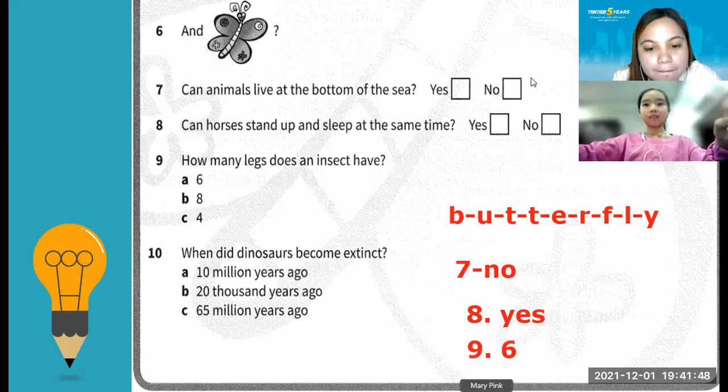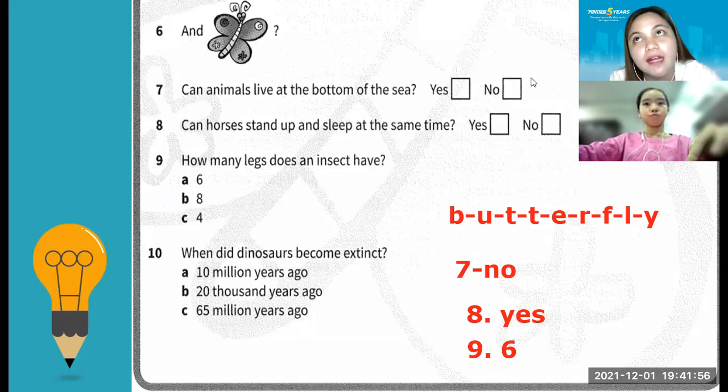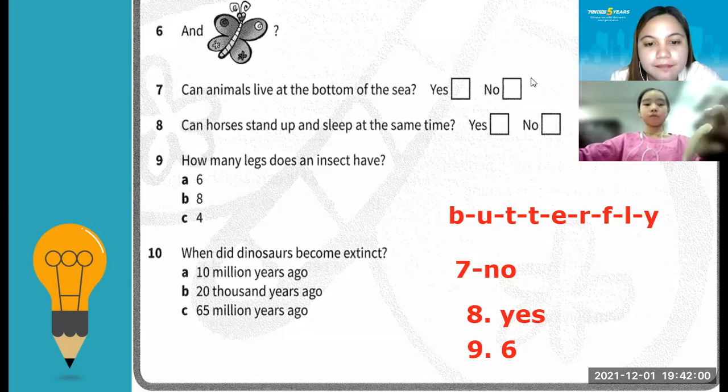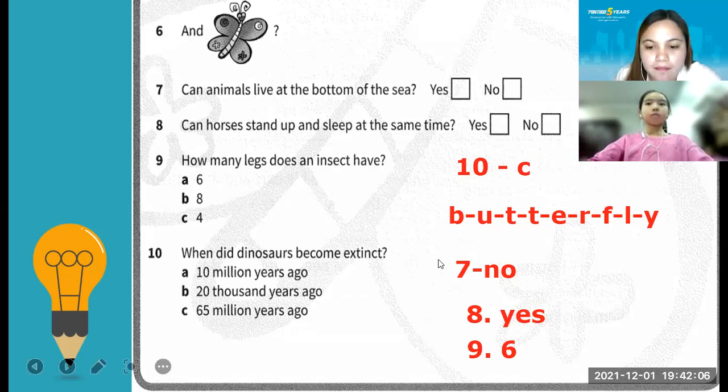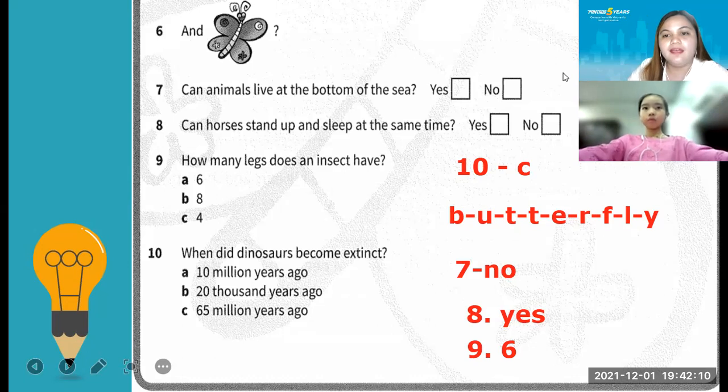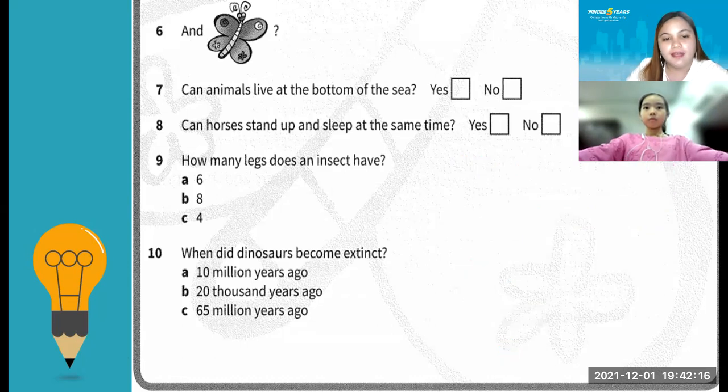Is 6. Okay, and number 10. When did dinosaurs become extinct? Extinct means they're not living anymore. Is C. All right. Well, I think I will give you 10 points here because I think the answers are correct.